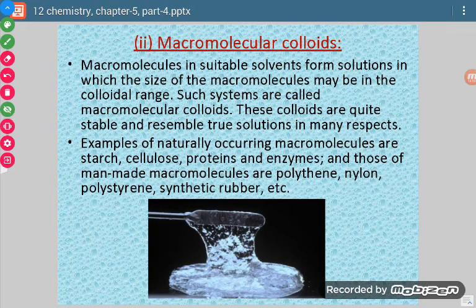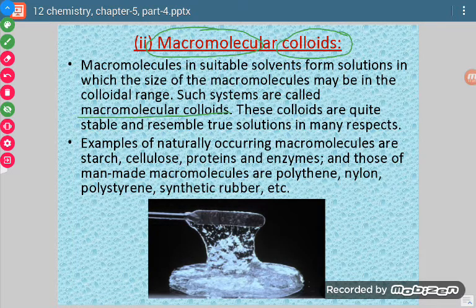Now we come to macromolecular colloids. Macromolecules in suitable solvents form solutions in which the size of the macromolecules may be in the colloidal range. Such systems are called macromolecular colloids. In simple words, if in a colloid the dispersed phase particles are macromolecules, then such a colloid is called a macromolecular colloid.